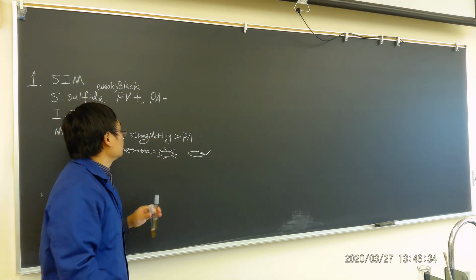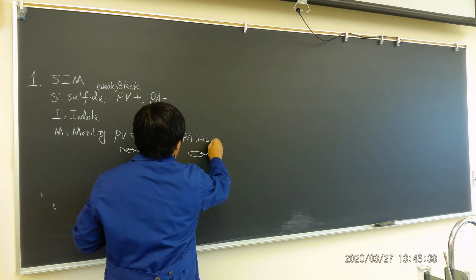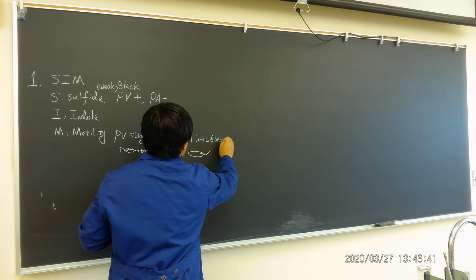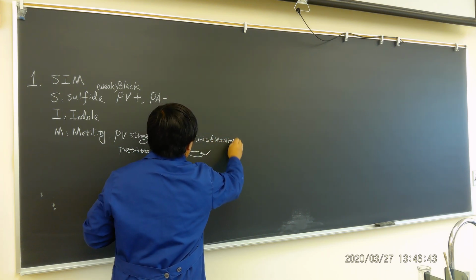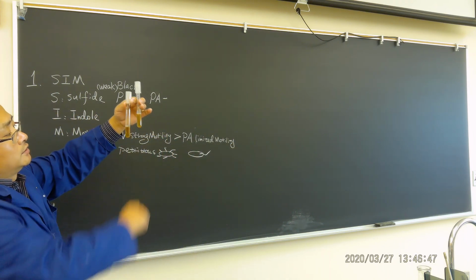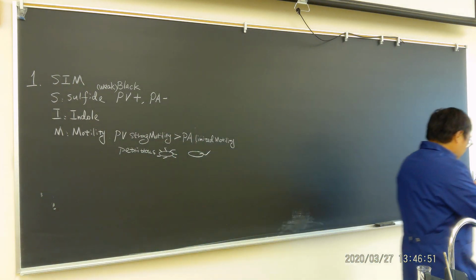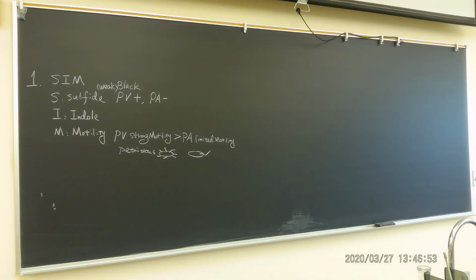So that's why Pseudomonas aeruginosa has a very limited motility ability, which means it's going to stay in the middle, like a line in the middle. Okay. I'll return this one to you, and return this one to you.